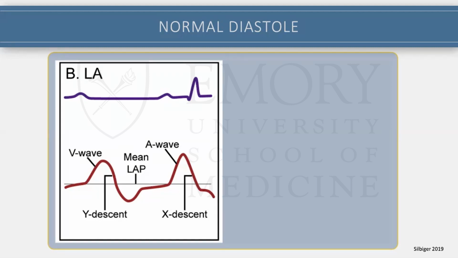And then the X descent is relaxation of the left atrium, which lowers pressure, but it's also starting to get to early systole where your mitral valve is moving downwards, stretching your left atrium, increasing volume, and therefore decreasing the pressure. So that's the basic left atrial waveform.